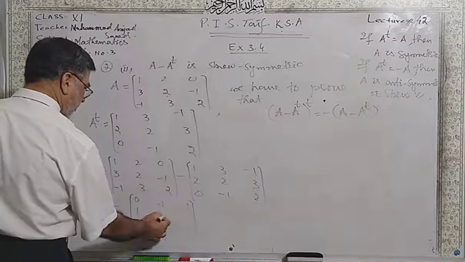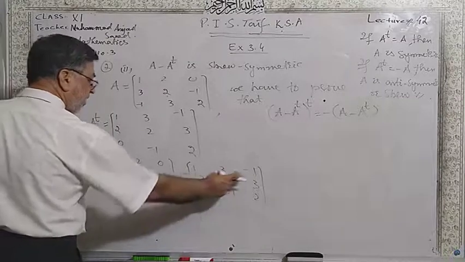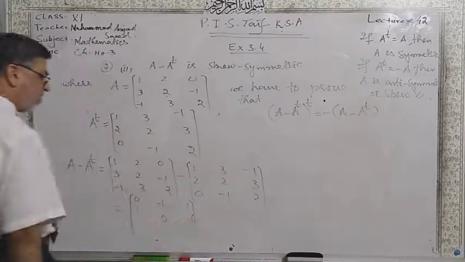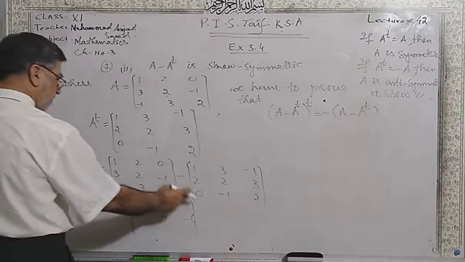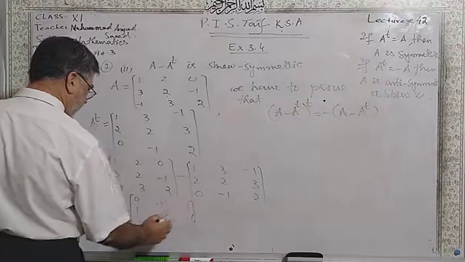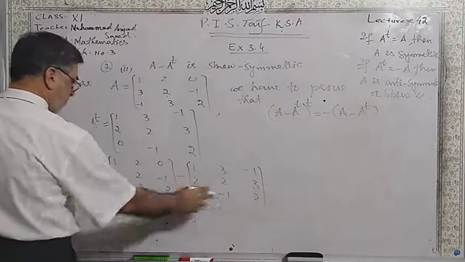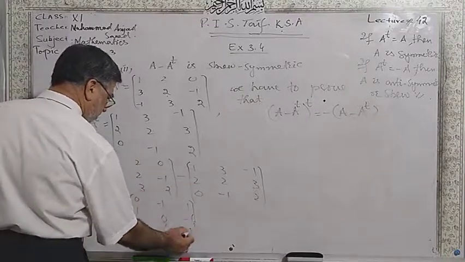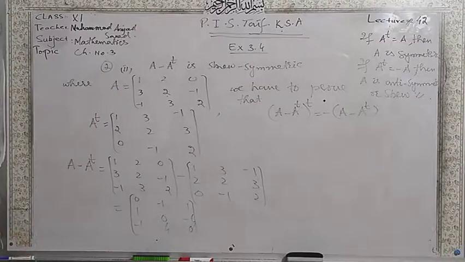2 minus 2 is 0. Minus 1 minus 3 is minus 4. Then minus 1 minus 0 is minus 1. 3 minus minus plus, 3 plus 1 is 4. And 2 minus 2 is 0. Now taking transpose on both sides.